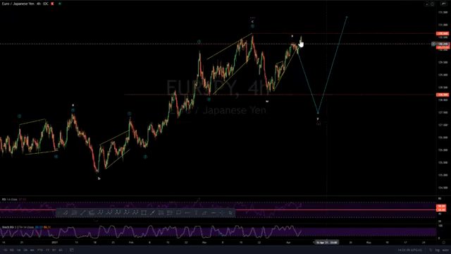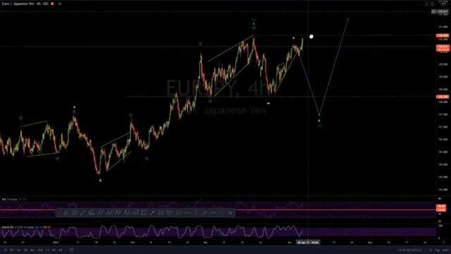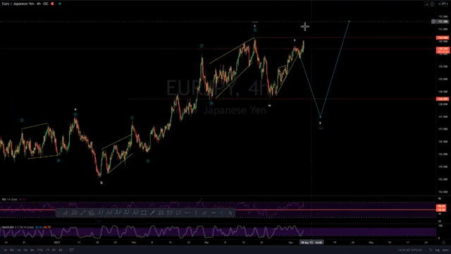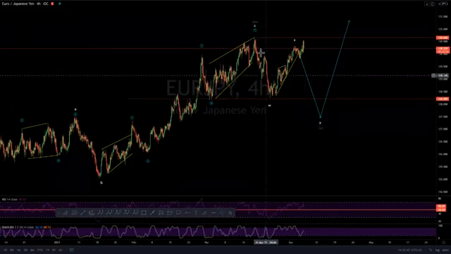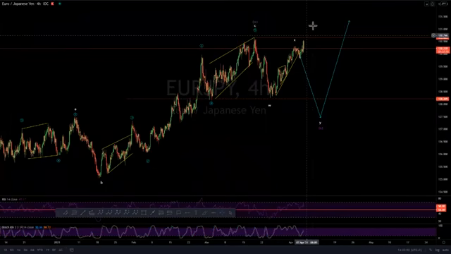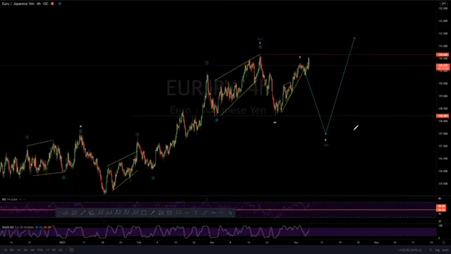This is an invalidation level, but this invalidation level does not invalidate the expanding failed corrective structure. If it comes and trades above here, it will be invalidating my view that I'm looking at this year. So if it comes and trades above here, then we'll have to adjust the structure to the possibility of an expanding failed corrective structure.